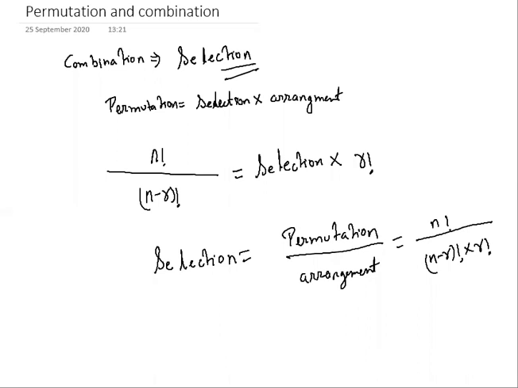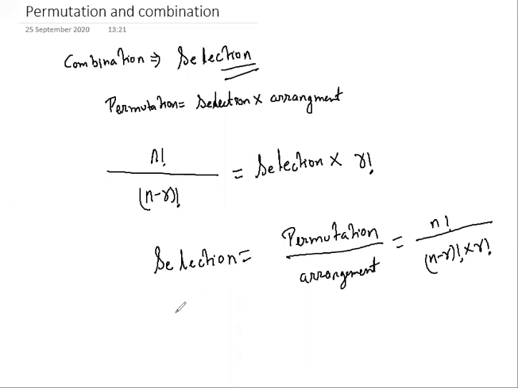Agree, everyone? Tell me yes or no. This is what you have understood till now. So when you're saying that permutation is selection and arrangement, combination is just selection. It has nothing to do with arrangement.